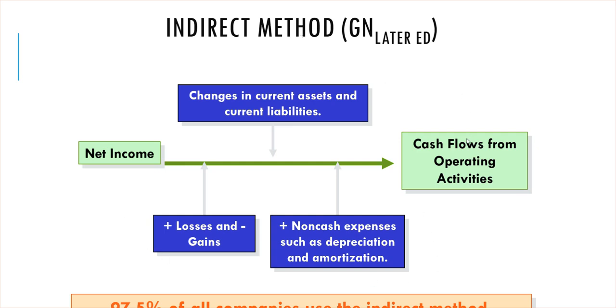So when I say if this number is close to this number, it's generally a good thing. What I'm saying is that the net that's in the middle is basically zero or very small. If you have a lot happening in between this number and this number, you're not going to be as confident in your net income and using the net income to gauge what's happening with the company.